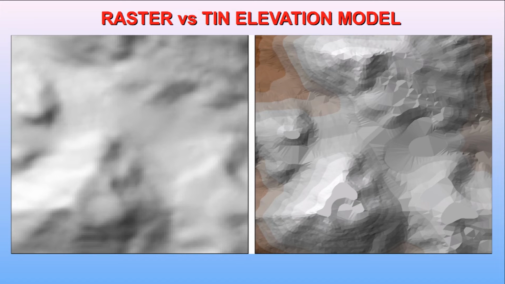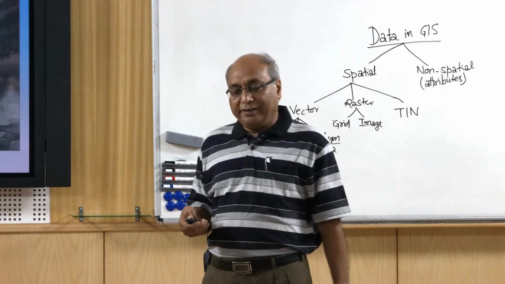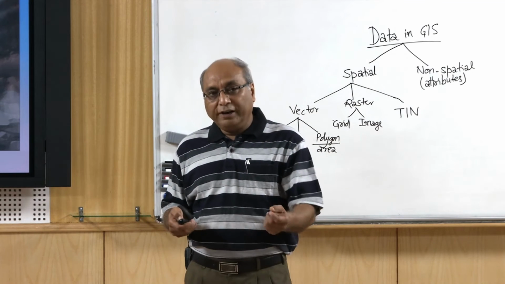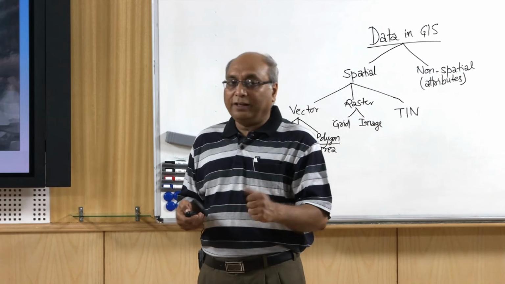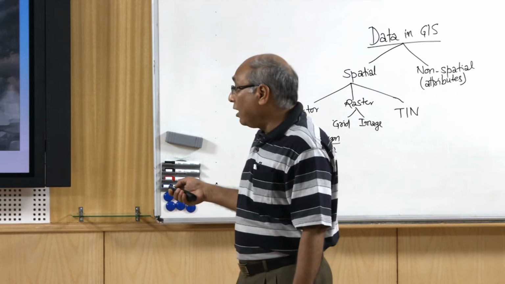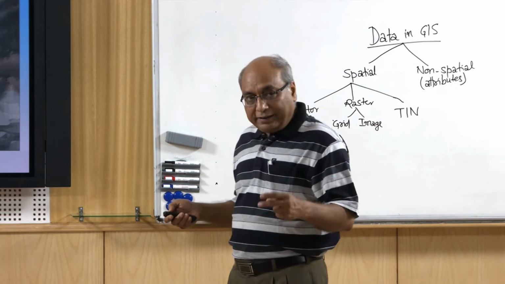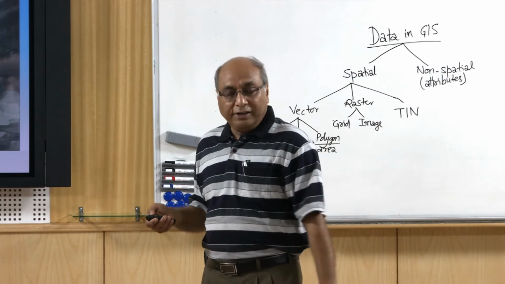Now another important thing is, when you create a TIN using any GIS software, you would see that two more byproducts are generated simultaneously. One is a slope map and another one is an aspect map. And the third one you can also say is the shaded relief model. In case of raster, each of these products has to be created separately.